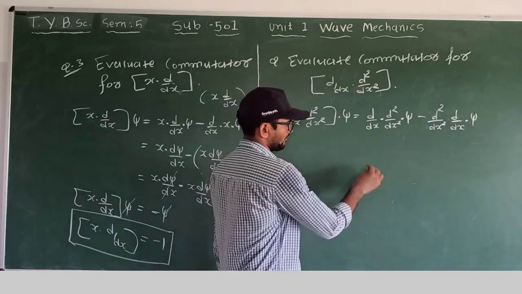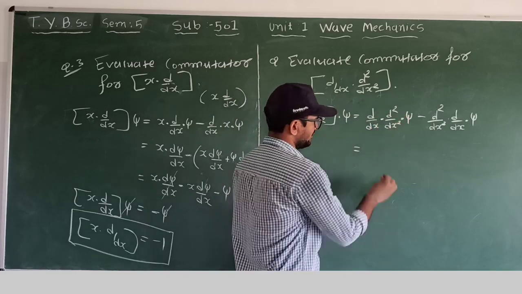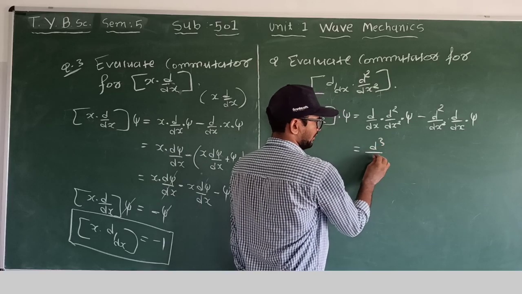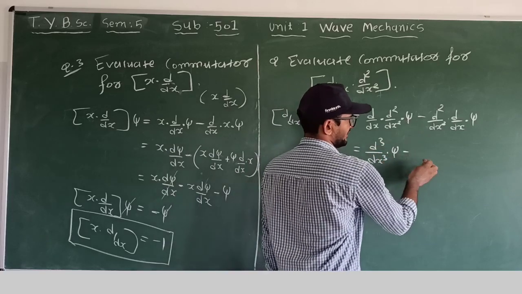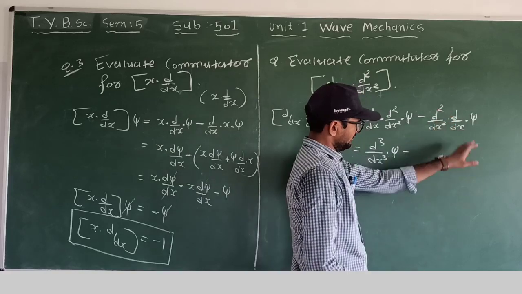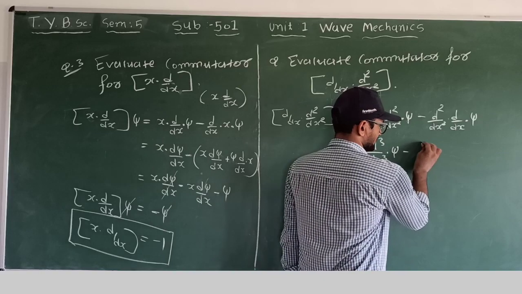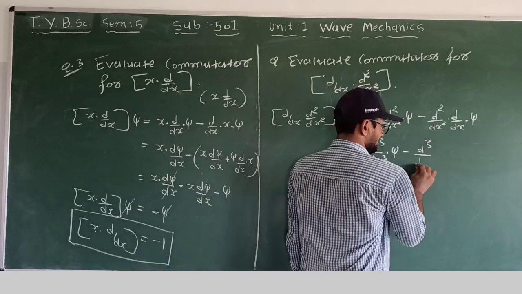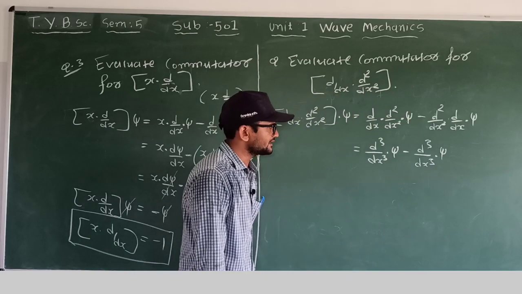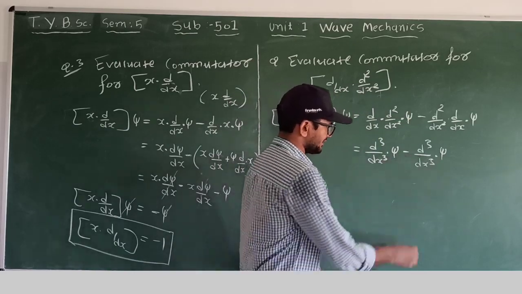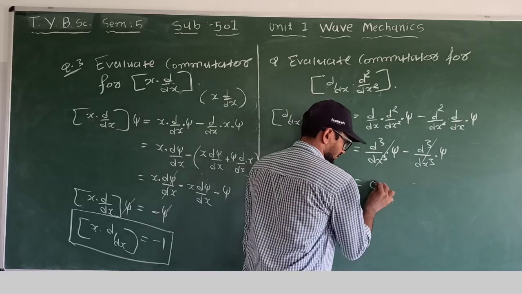So now d by dx into d square upon dx square means d cube upon dx cube into psi, minus d square upon dx square into d by dx, which also becomes d cube upon dx cube into psi. So these both terms are equal, so they cancel out. So the final result is 0.